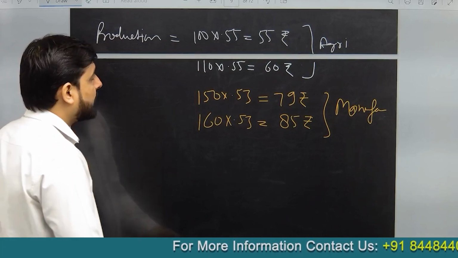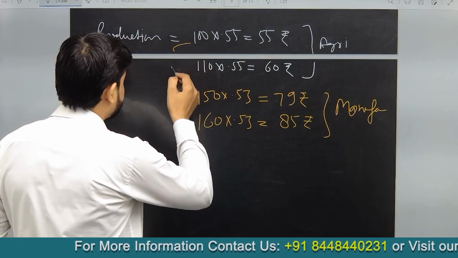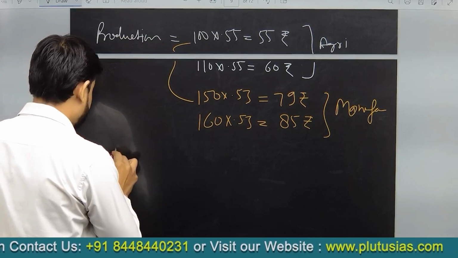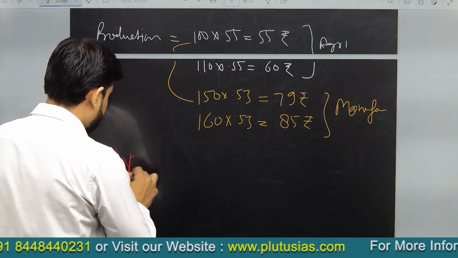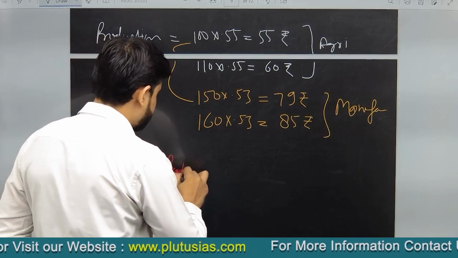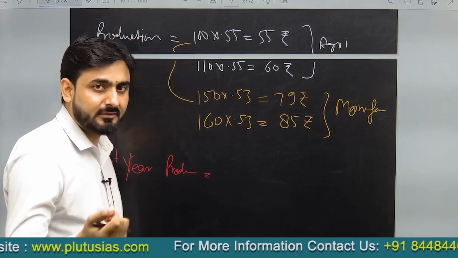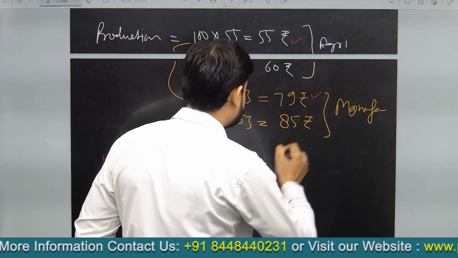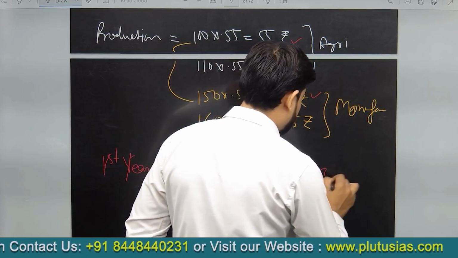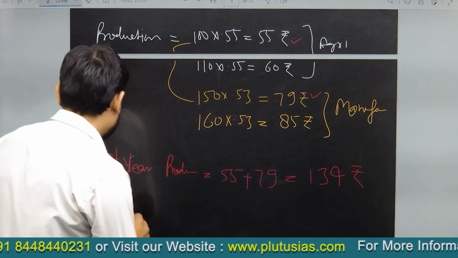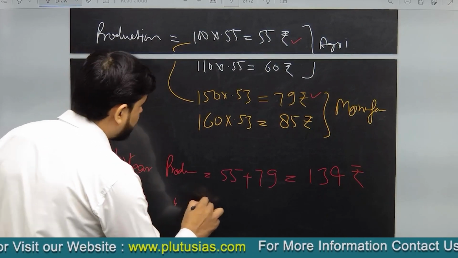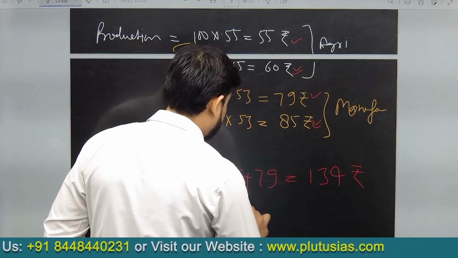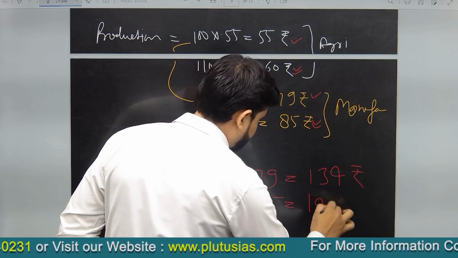Now here you need to add first year agriculture plus manufacturing. So first year overall production based on weighted average growth equal to 55 plus 79, means near about 130 rupees, and second year production will be equal to 60 plus 85, means 145.